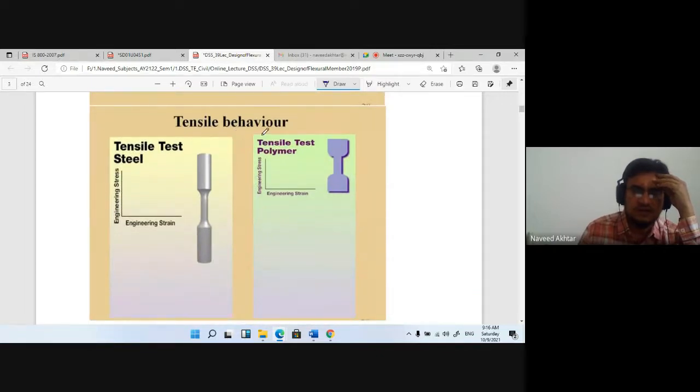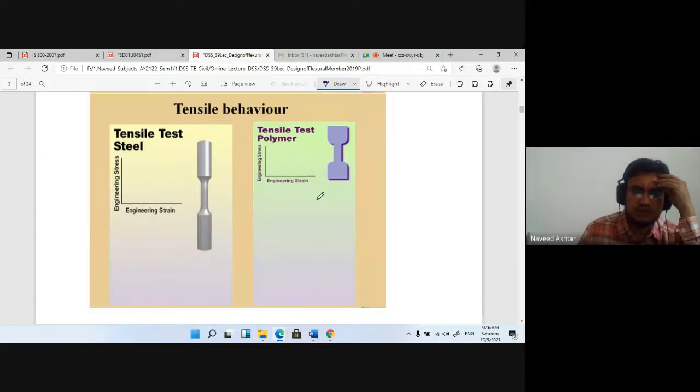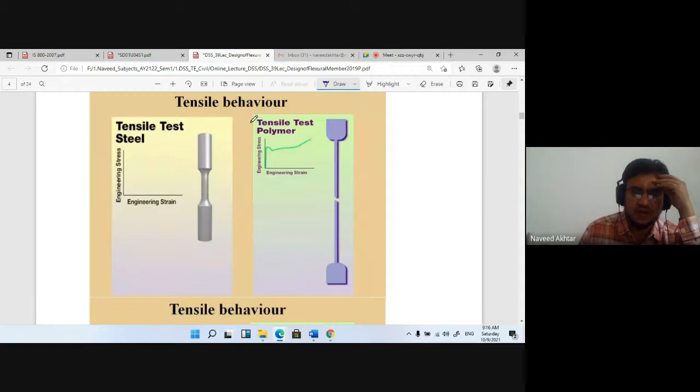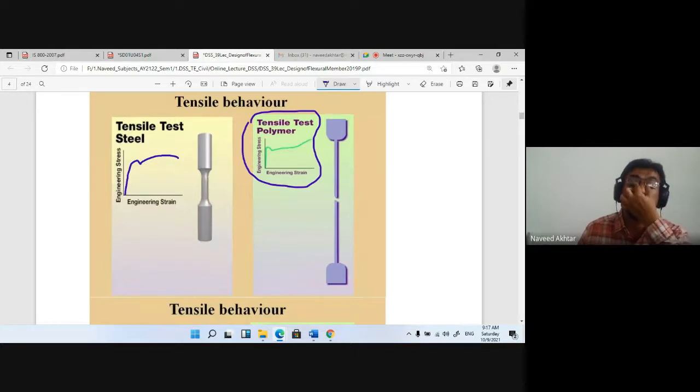So generally, tensile behavior, if axial pull is there under the universal testing machine, you can see that this type of graph will appear. It may be in case of steel or another material. The graph is somewhat like this. So you know that for a steel structural member in tension, there is the FY and the FU.